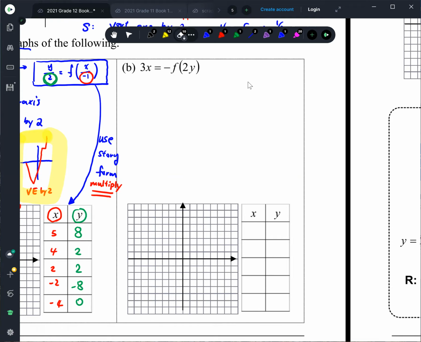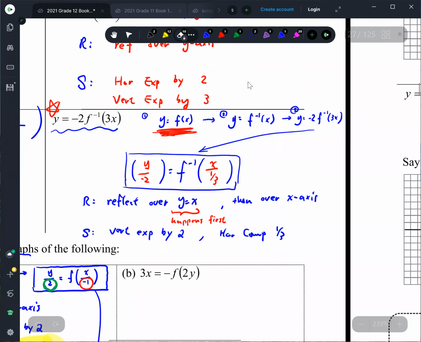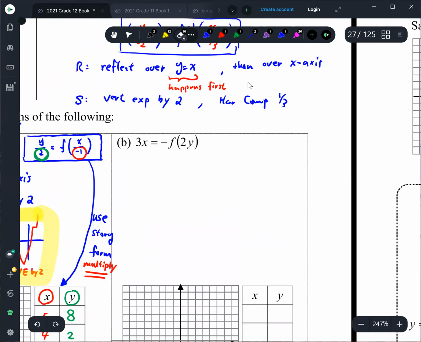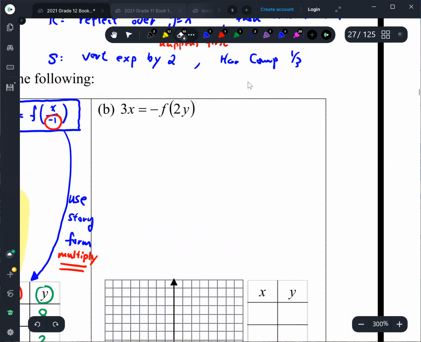What does that mean, Lily? It's an inverse. Yes, it's an inverse, right? We had an inverse before, just at the beginning here. So when you see an inverse happening, you have to think about what it used to look like before the inverse. So for number one, let's write it here as well.